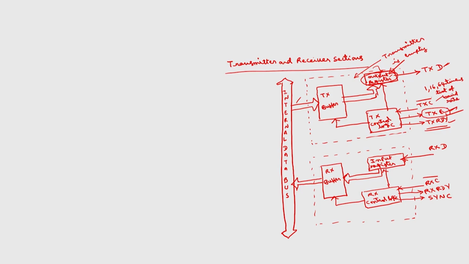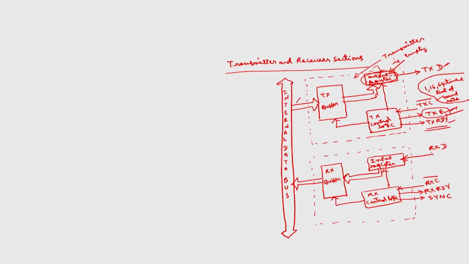This can be decided by using the mode word register that I discussed in the previous slide. The last 2 bits of the mode word register select the baud rate factor 1, 16 or 64. So, normally the clocks of the transmitter and receiver can be the same as the baud rate, or 16 times baud rate, or 64 times baud rate.